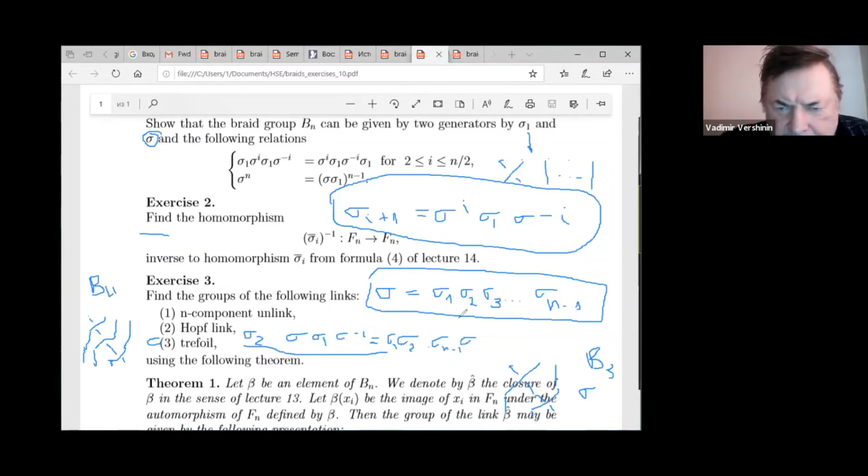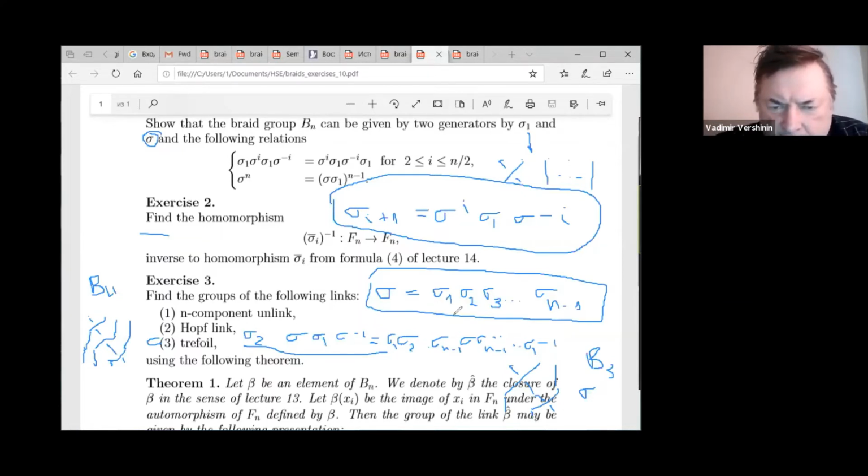Now, if you write the inverse, then you need to take the reverse order: sigma n minus 1 inverse, and so on, sigma 1 inverse.